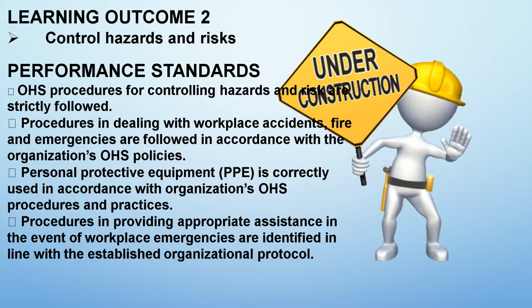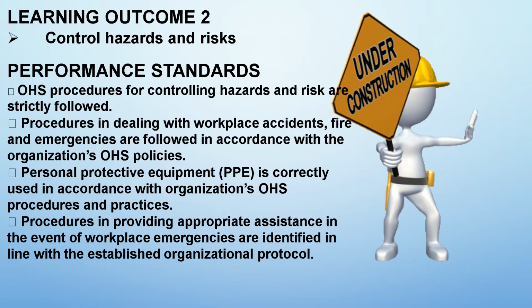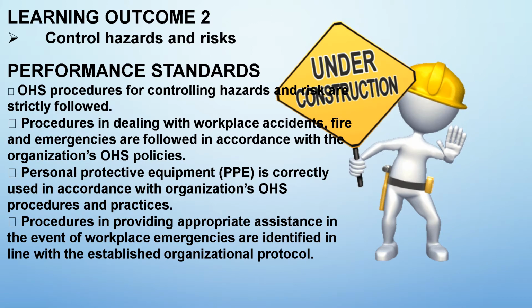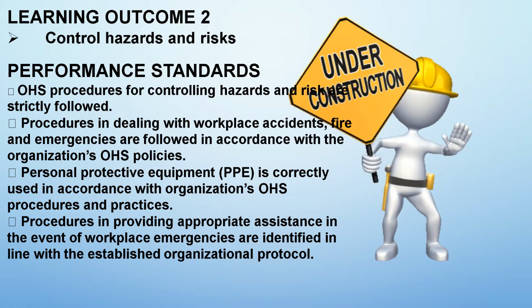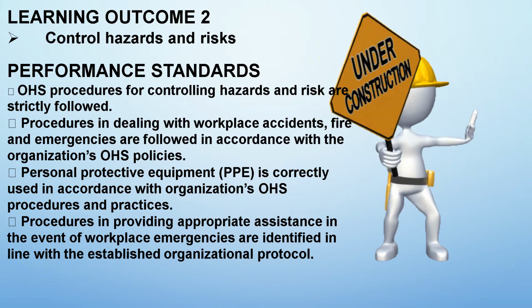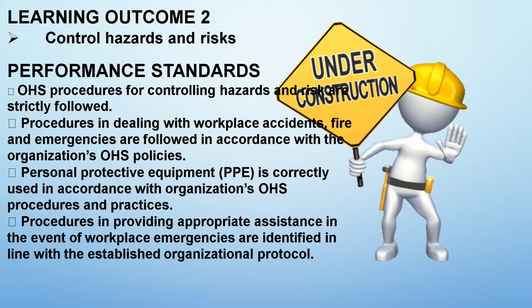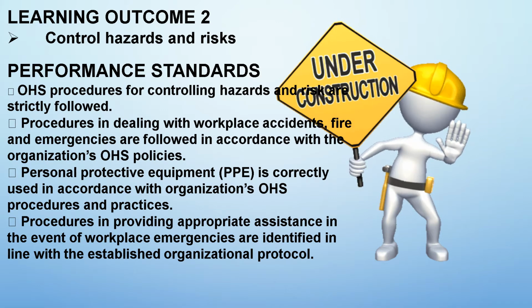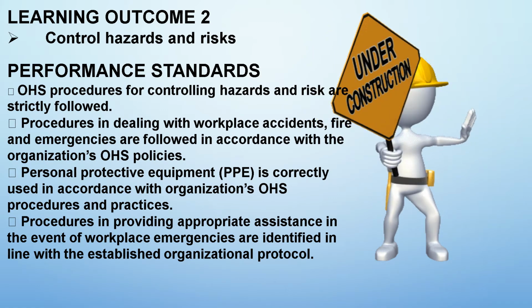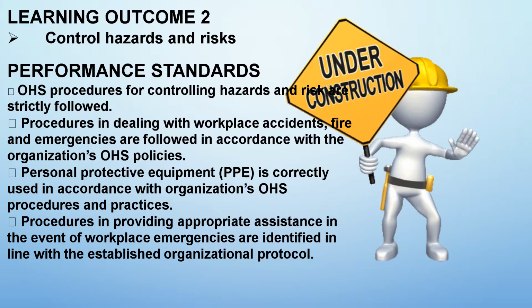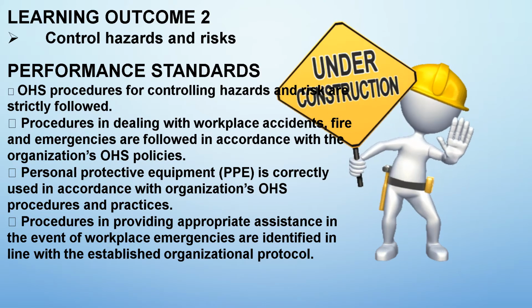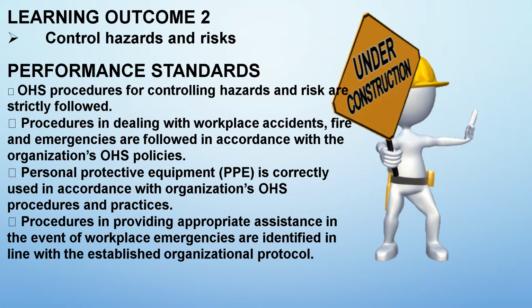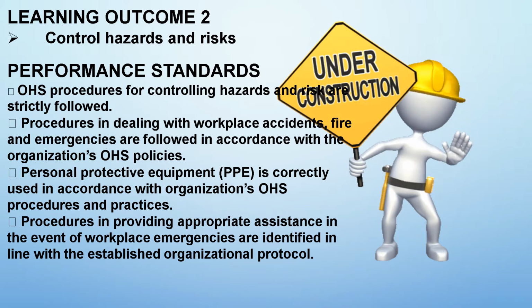Okay, that's all for learning outcome 1. Do you have any questions? If none, then let's continue to learning outcome 2. Control hazard and risk. There are 4 performance standards. First, OHS procedures for controlling hazards and risks are strictly followed. Second, procedures in dealing with workplace accidents, fire, and emergencies are followed in accordance with the organization's OHS policies.